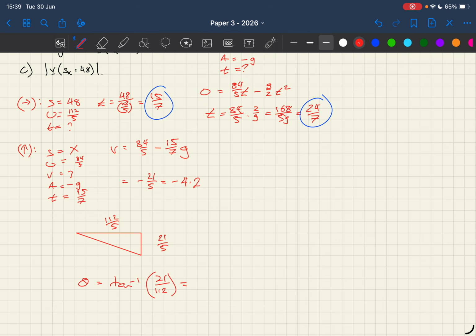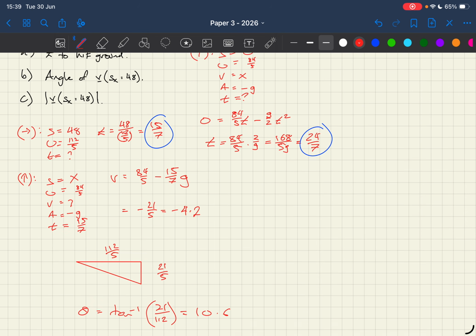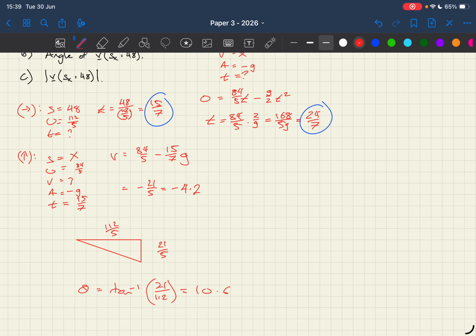What does that give us? Let's have a look. I'm in degrees, which is good. Inverse tan of 21 on 112, I get 10.6. Is that good? Did they want the angle, or do they want tan of the angle?